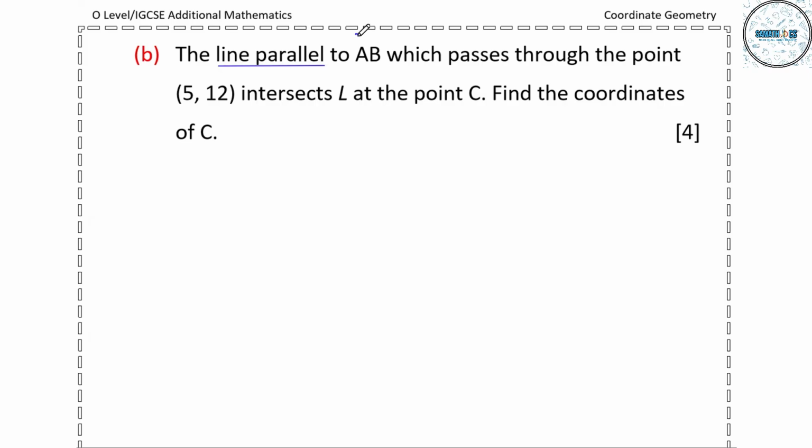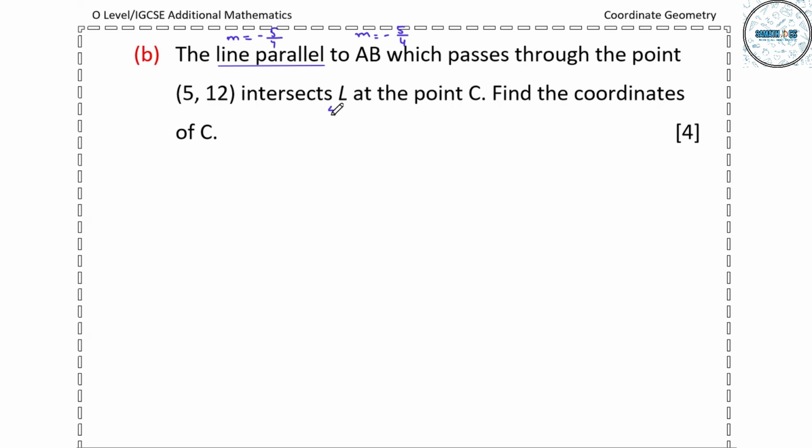AB has gradient m equal to minus 5 upon 4. So the line parallel to AB has the same gradient, minus 5 upon 4. And this line which is passing through the point (5, 12) intersects L at the point C.